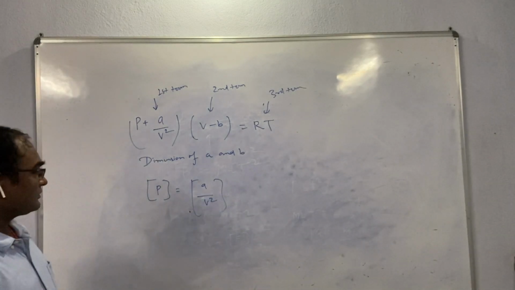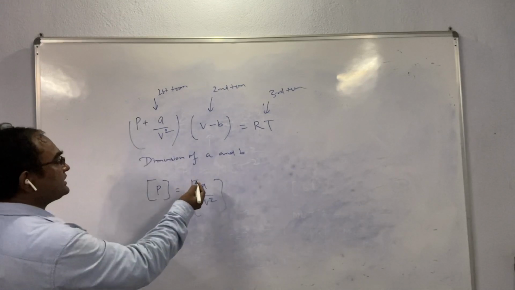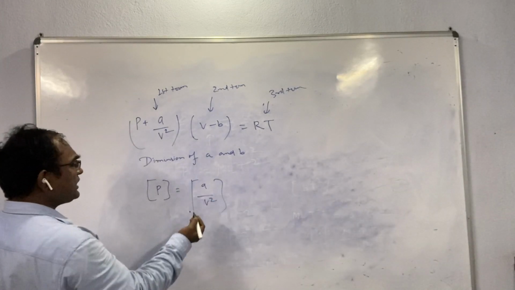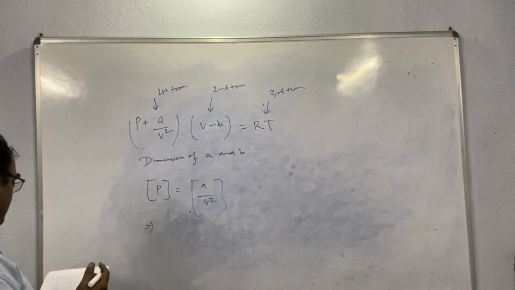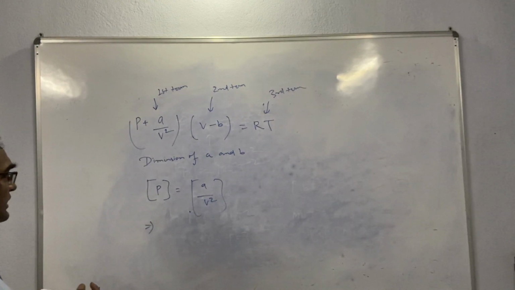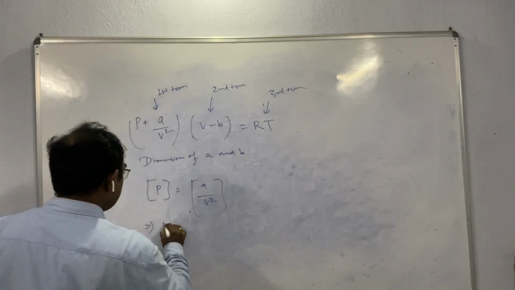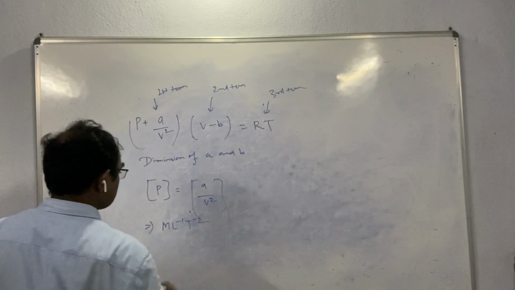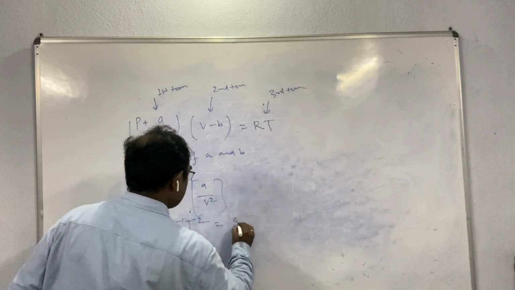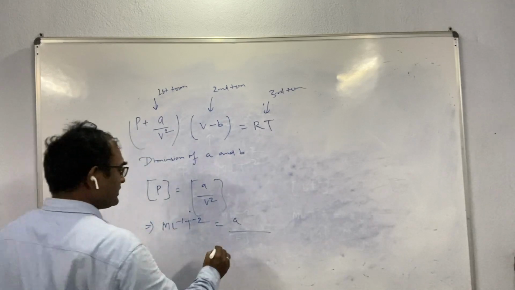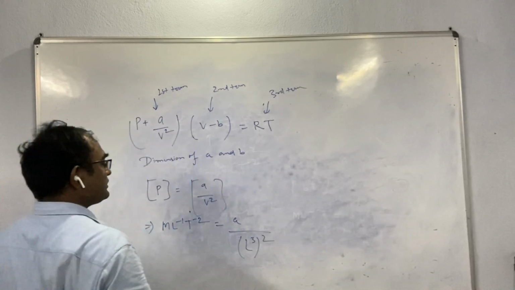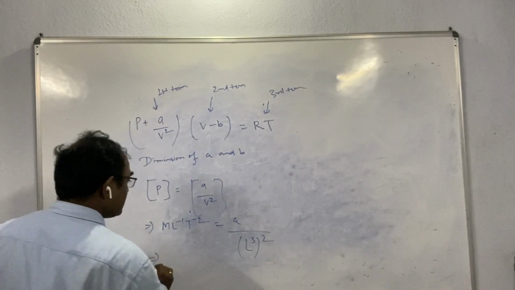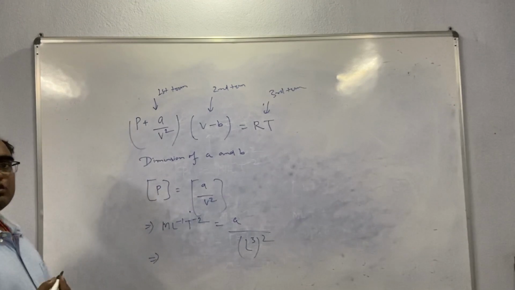We can write that the dimension of pressure is equal to the dimension of a by b square. Now, how do we represent the dimension of a? The pressure dimension is ML^-1T^-2, and the volume dimension is L^3, but there is a power 2, so we need to multiply L cube 2 times.